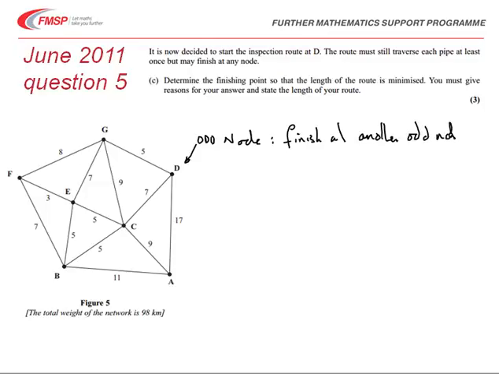Though, we can start and finish at our odd nodes. So we need to join together two of the others. Now remember that those others were F, C, and A. So we need to look at the possible pairings of those to see which route we need to repeat.